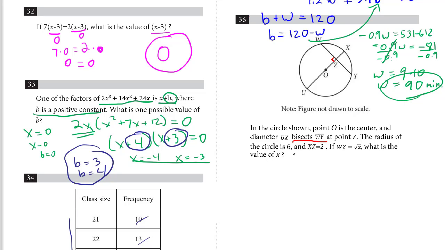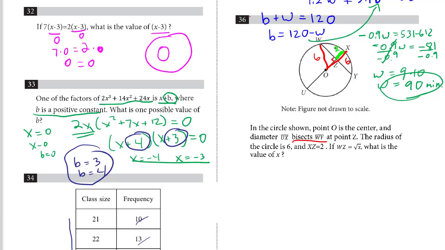The radius of the circle is 6. I know from W to O is 1 radius. Also, X to O is 1 radius. These are all 6 and 6. We'll see which one's important to us. And XZ is 2. So XZ is really that line segment right there.